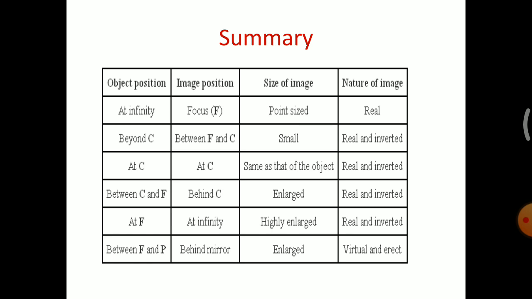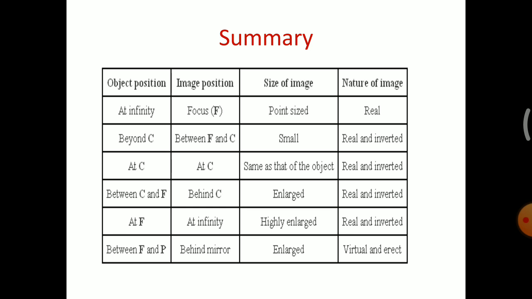Then how to know the size of the image? Compare it to the size of the object. If the image is smaller, you write diminished. If the same size, you write same size. If bigger, you write magnified. How to memorize the size of the image without a ray diagram?